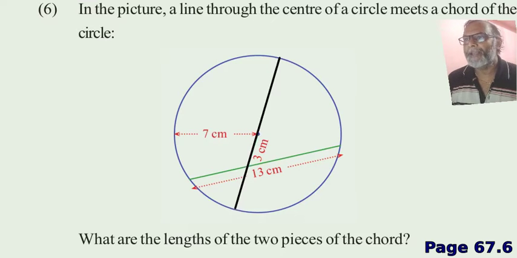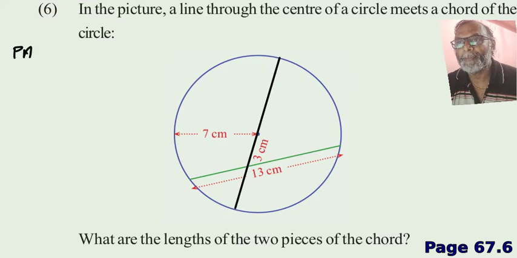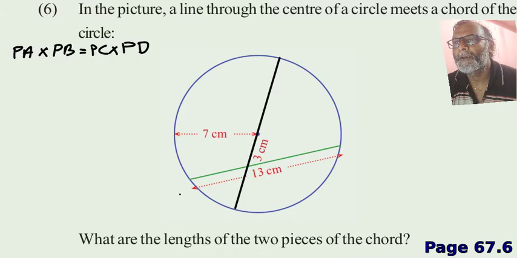Okay, now we have to name the points in order to explain it easily. So we are using the principle PA into PB is equal to PC into PD, the same principle. Okay, so we need the points. So we are marking the point like this.